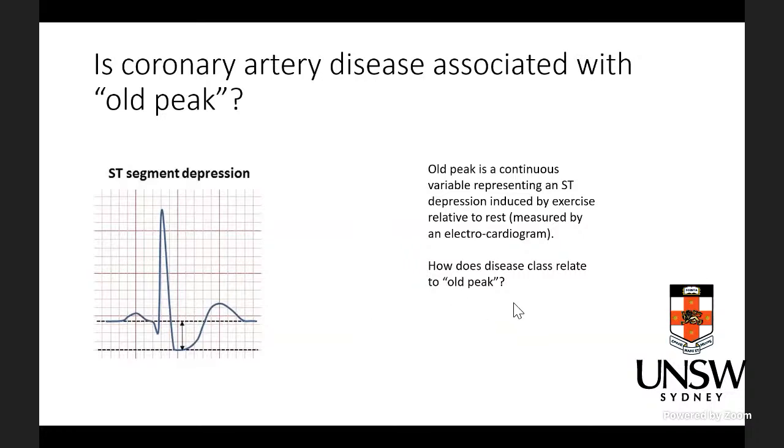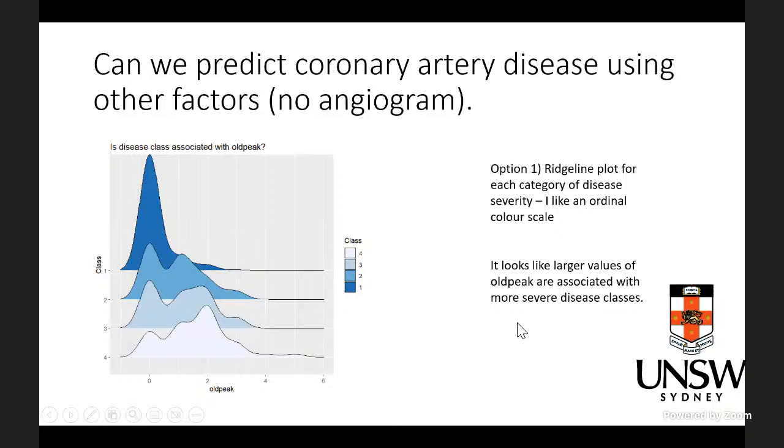If we wanted to visualize this, as it's a continuous variable, we could plot a ridgeline plot. This is a kind of plot that I've recently become a fan of. Here it plots the distribution of the data along old peak for each class.